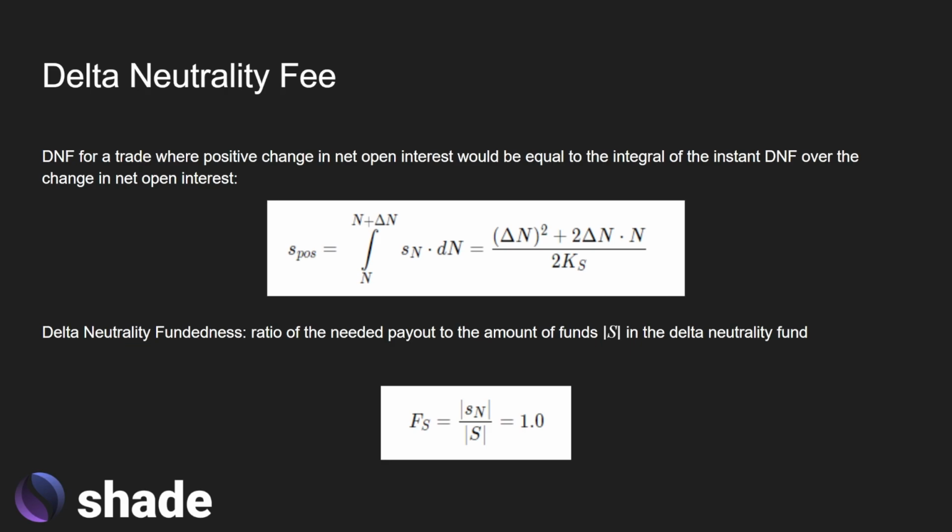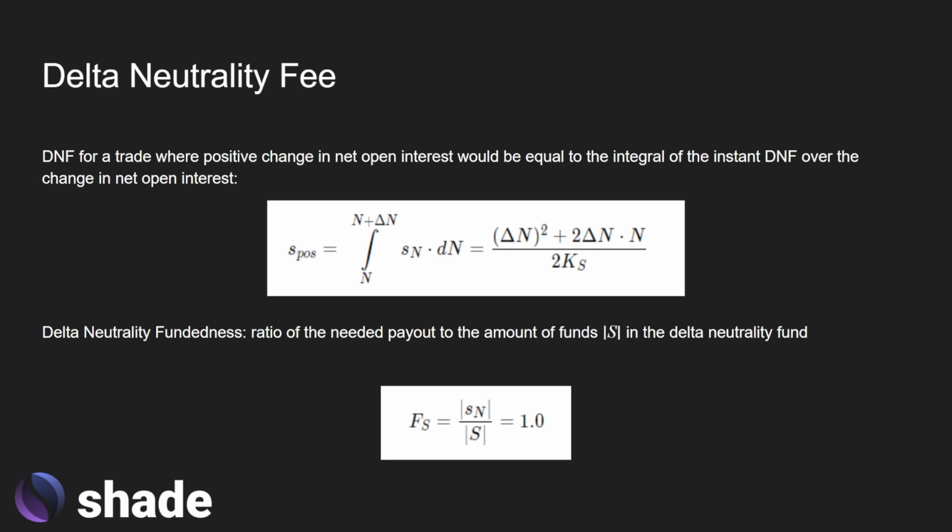But if your delta neutrality fee is positive, that means the fee is charged from a trader. And in doing so, this operation brings your fundedness ratio, which is this capital F S, closer to 1.